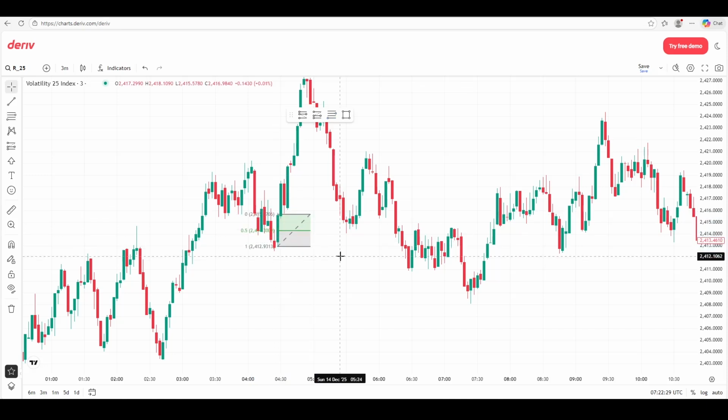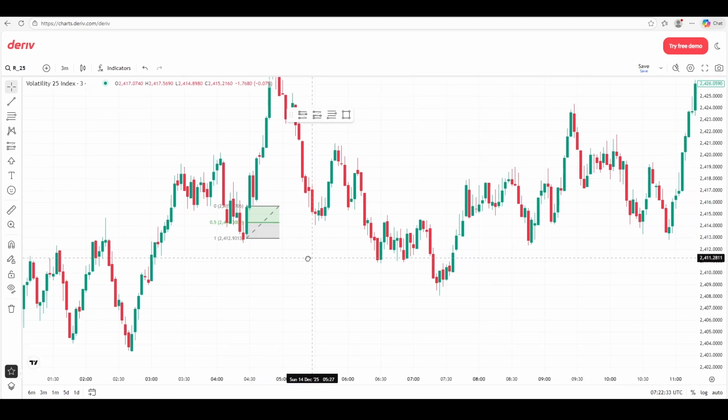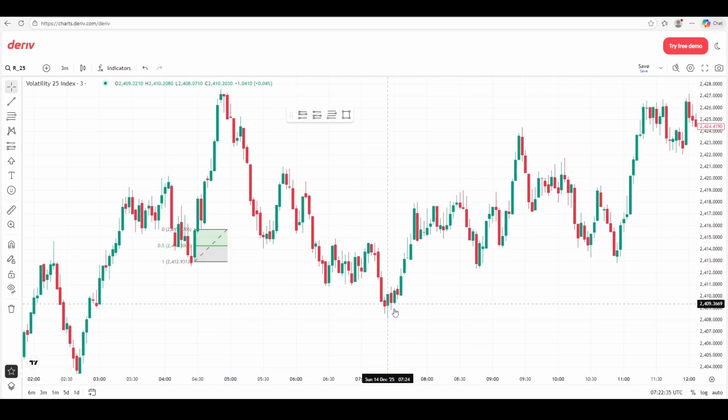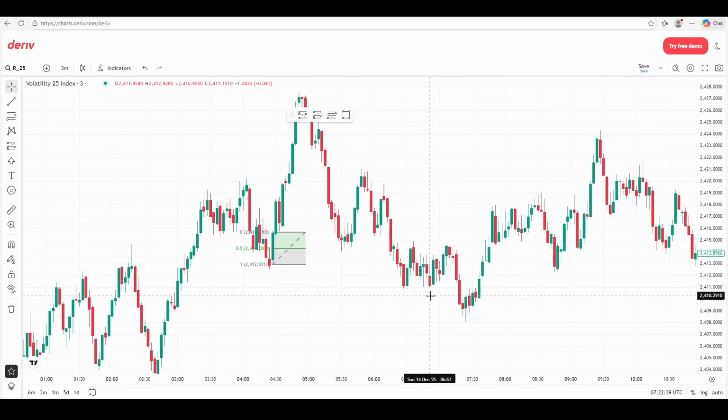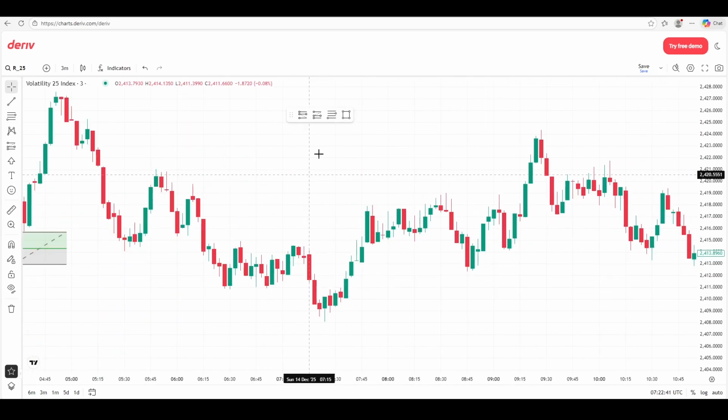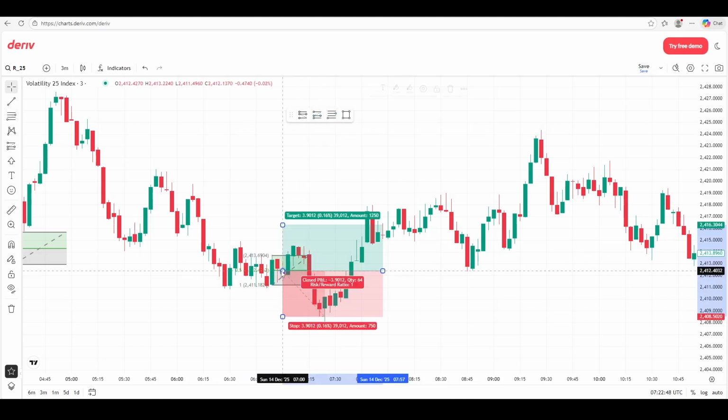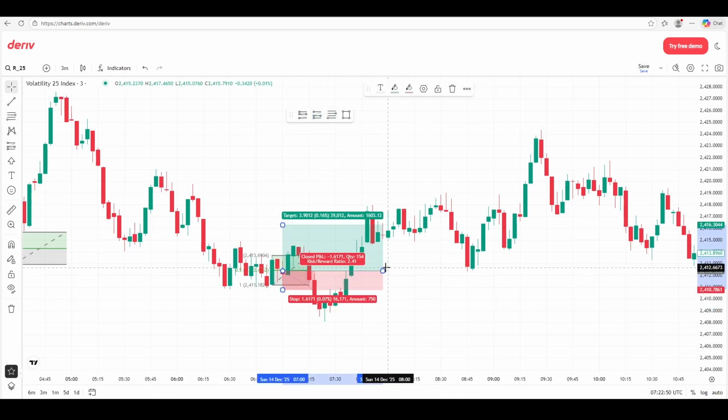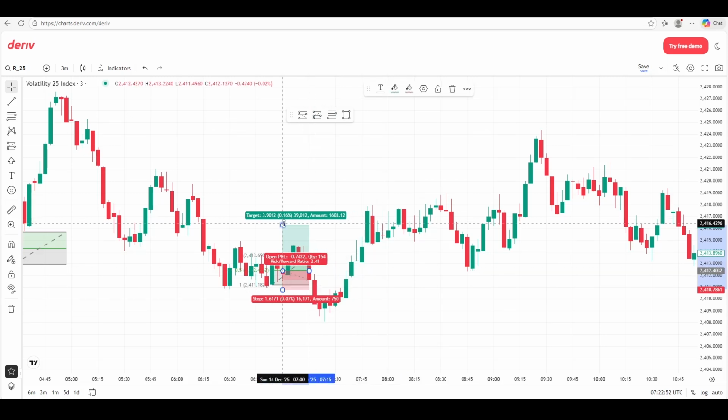As a result, it was not a good idea. And then another significant retracement with a bullish engulfing candle at this point right here, and we have a buy setup at this point, but unfortunately you hit a stop loss, right?